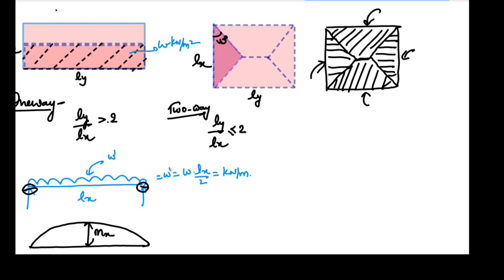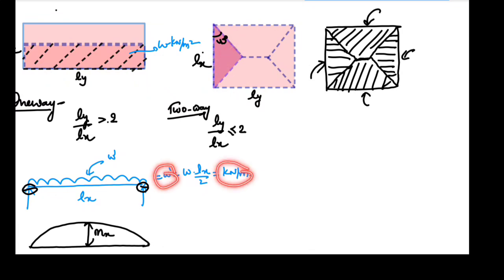Now we have to see what is the load in terms of kilonewton per meter on a beam from a given slab. Let's start with this Lx. How do we transfer the load from this slab to the beam Lx in terms of kilonewton per meter?